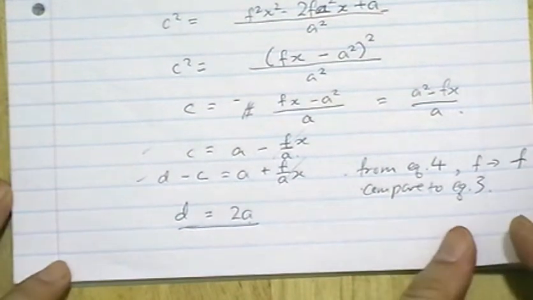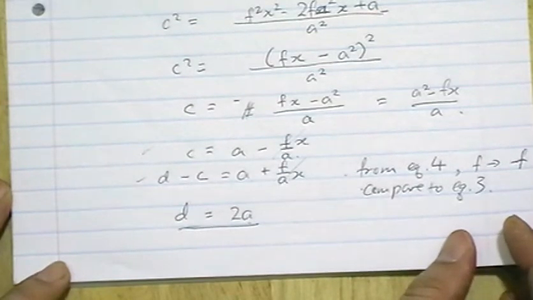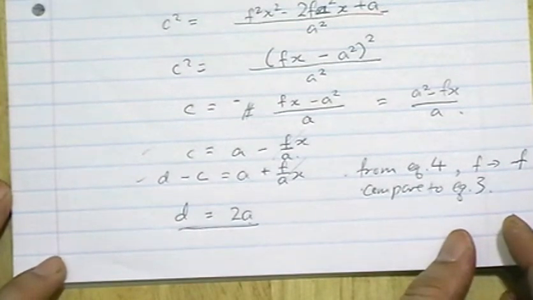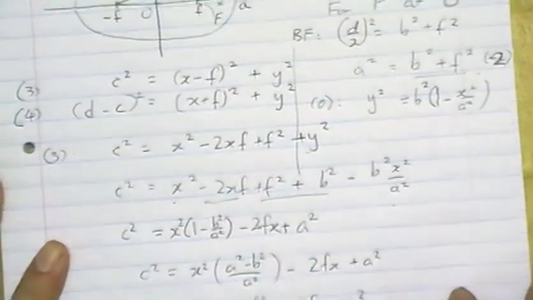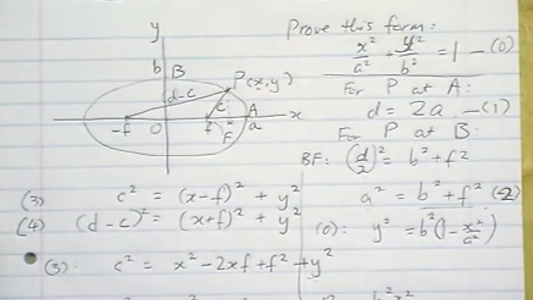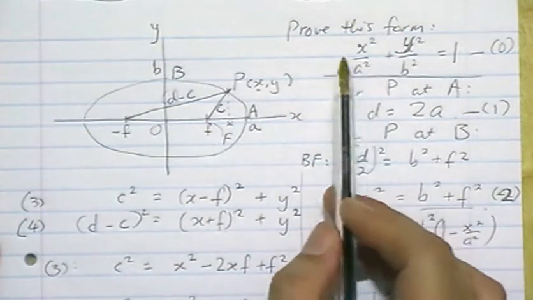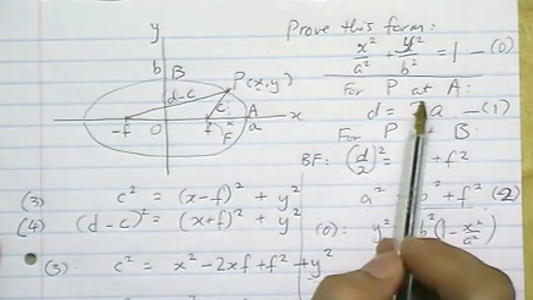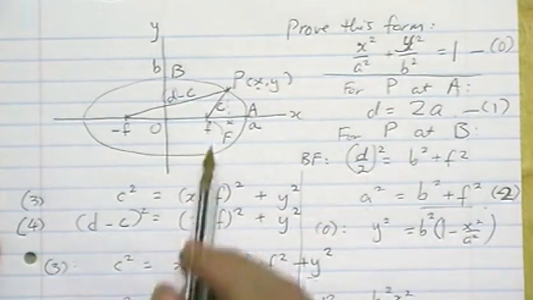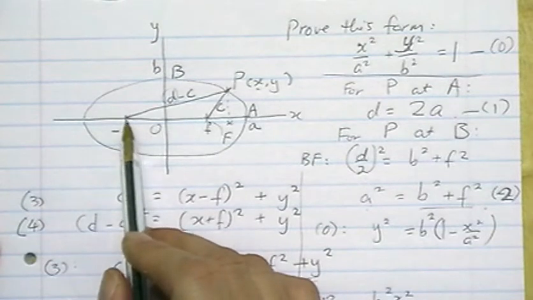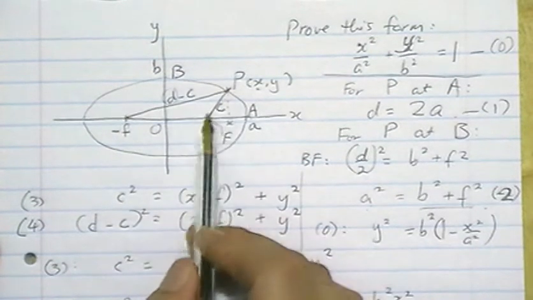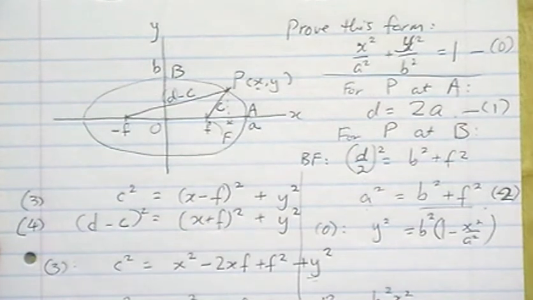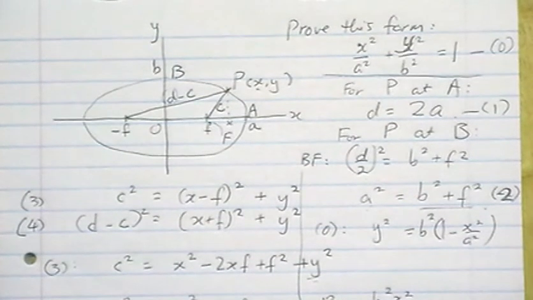So what we have shown is that if we assume this expression, then the total length of this side and this side must be a constant. Okay, this completes the proof.